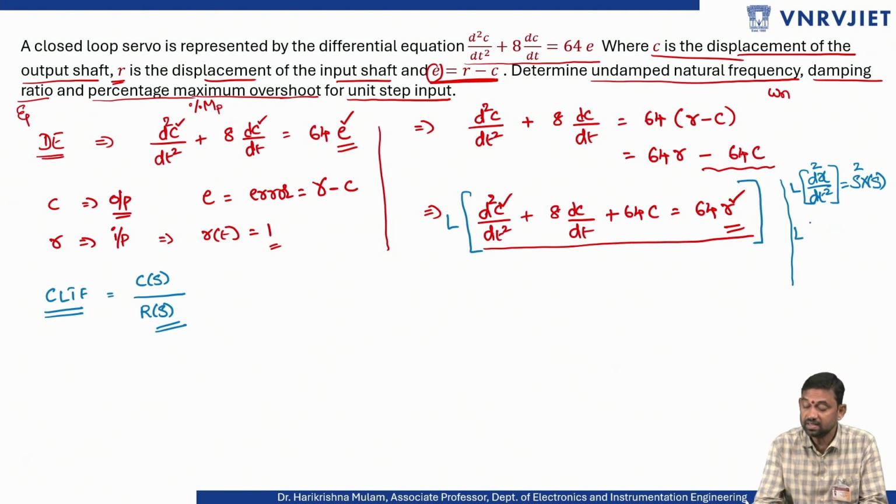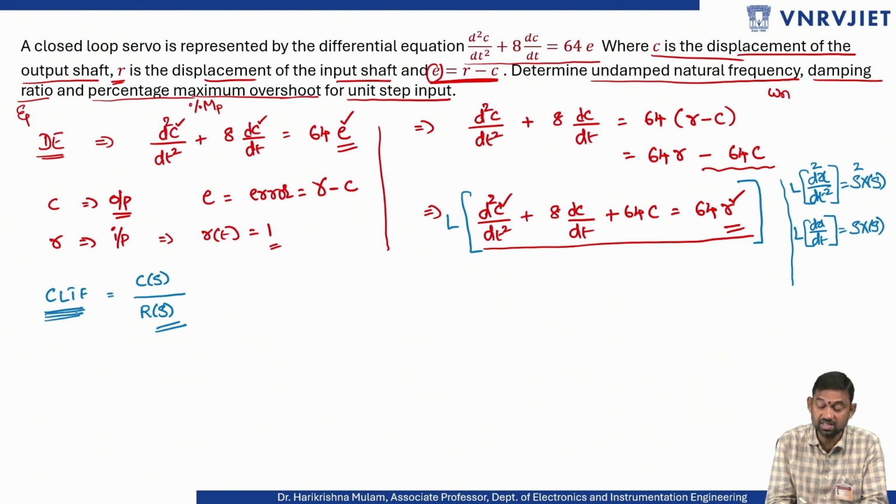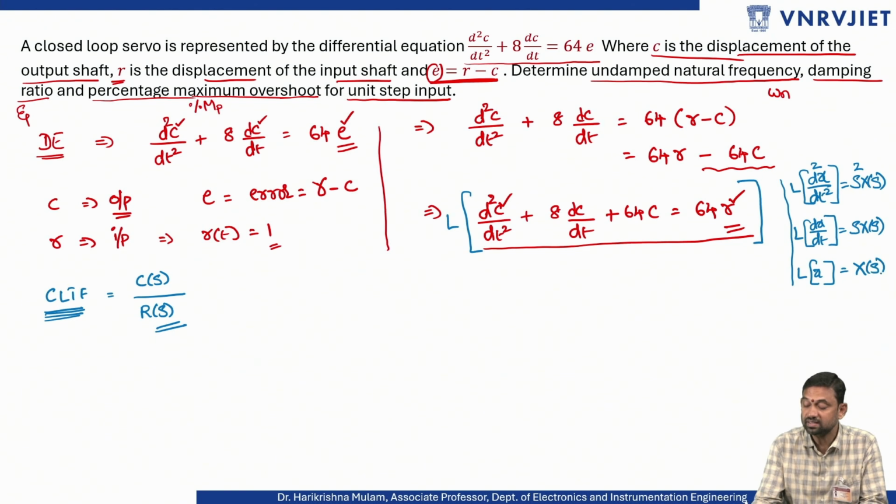Similarly, the Laplace transform of dx by dt is given by s into X of s under zero initial conditions, where this closed loop transfer function is defined. Similarly, Laplace transform of x of t is equal to capital X of s.